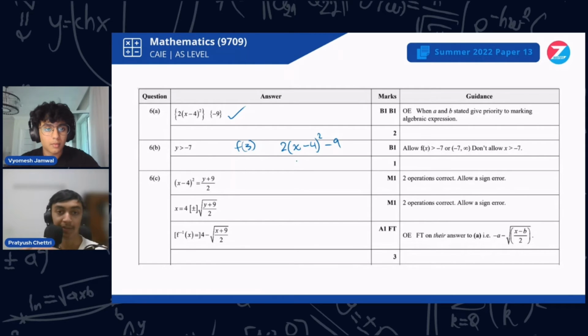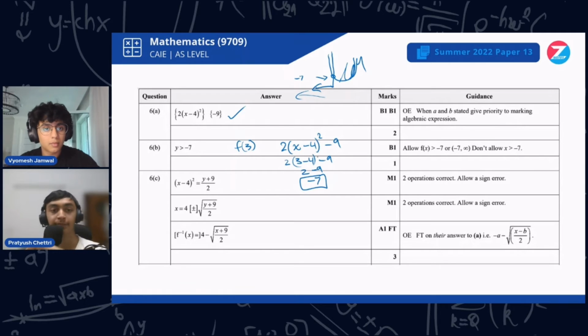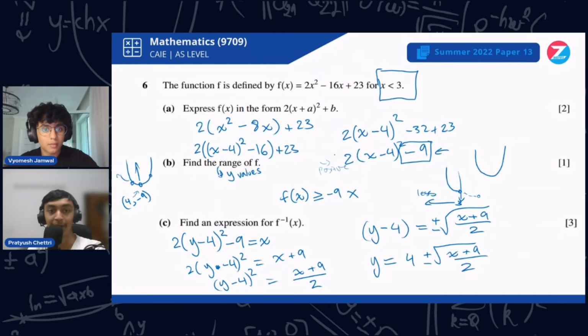If we put 3 here, we get 3 minus 4 squared, times 2, minus 9. We get 2 minus 9, which is minus 7. And this minus 7 is here on the parabola, and it's restricted to this side only. So you can ignore that. This is the lowest it will go, so everything that we have for y is greater than minus 7.